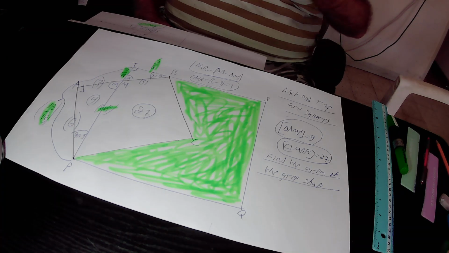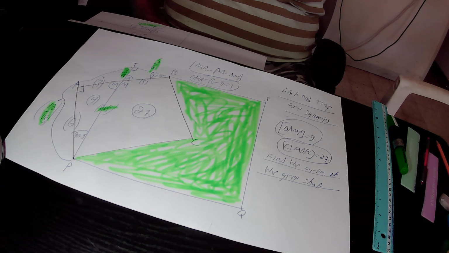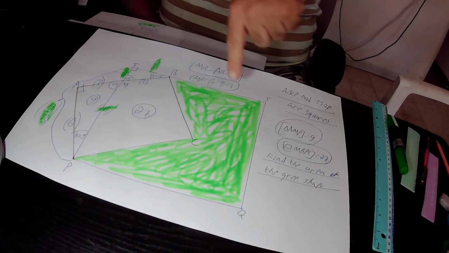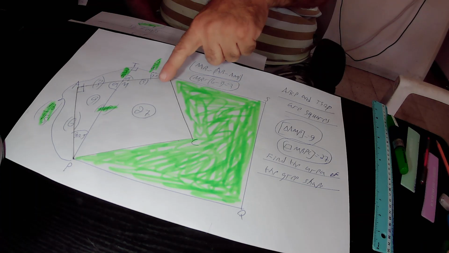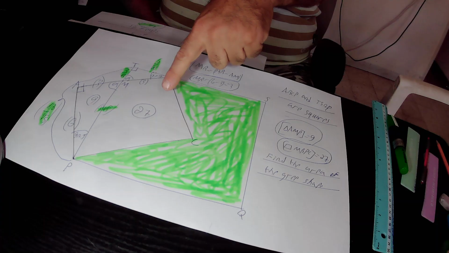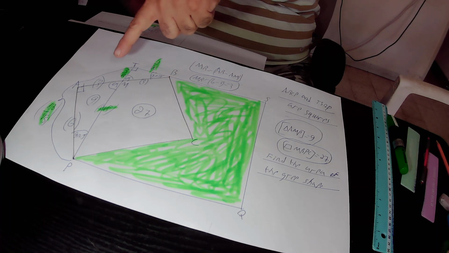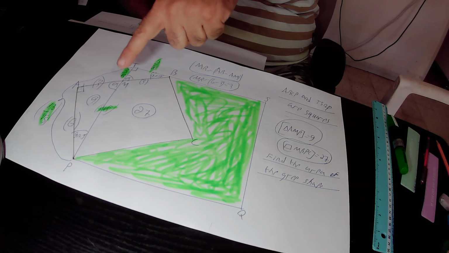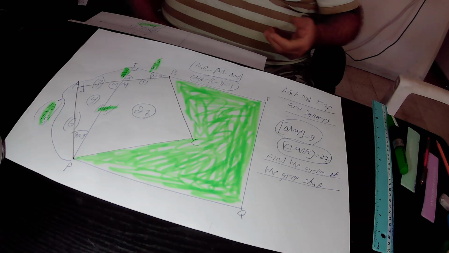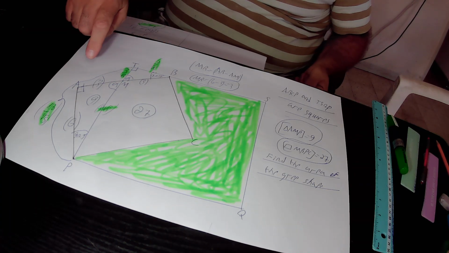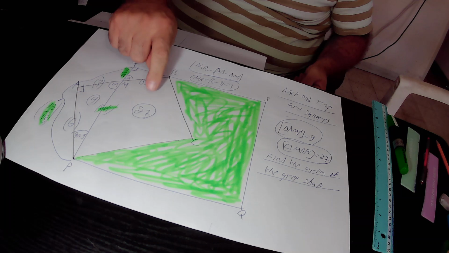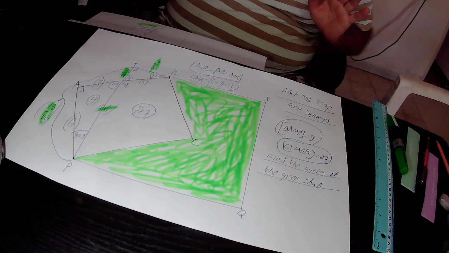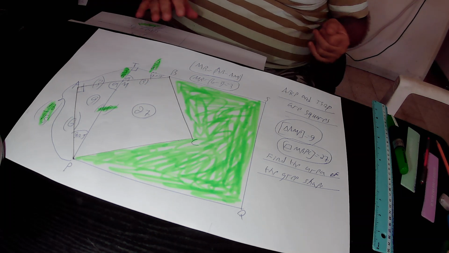So first of all, it is very easy to say that the area of the small square ABCP is equal to the area of quadrilateral MBCP, that is 27 square units, plus the area of this triangle AMP, which is equal to 9 square units in size. And therefore, in total, the area of this square ABCP will be equal to 27 plus 9, that is 36 square units in size.